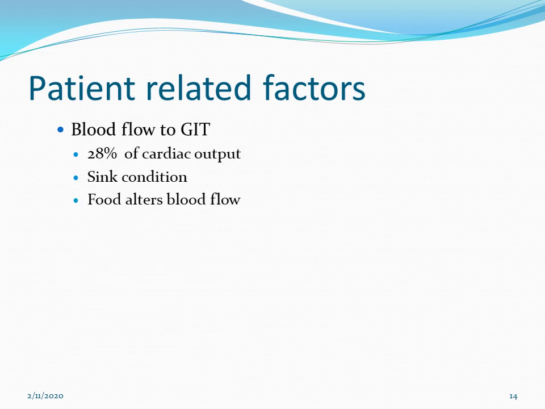Blood flow to GIT. Approximately 28% of cardiac output reaches the gastrointestinal tract, which helps to maintain the sink condition. The presence of food alters the blood flow to the GIT and thereby affects the absorption of drug. So this is about the blood flow to the GIT.